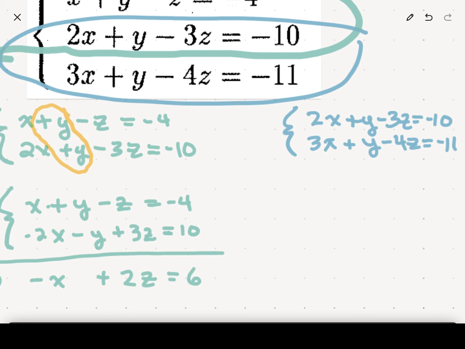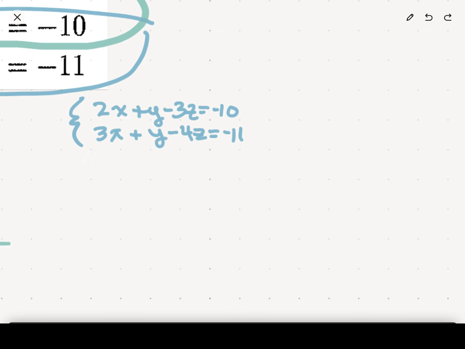The most important point here is that I eliminate the same variable that I eliminated at the previous stage. Since I eliminated the y's in the first step, I also need to eliminate the y's at this stage. I have the same leading coefficients on y as before, so I will do the same thing.